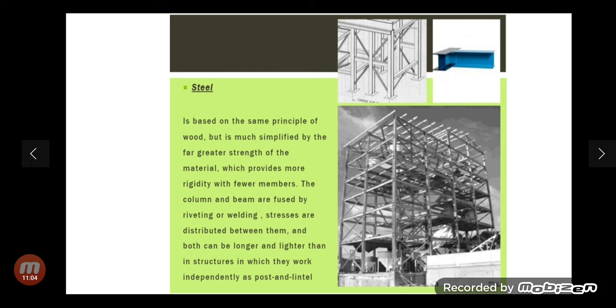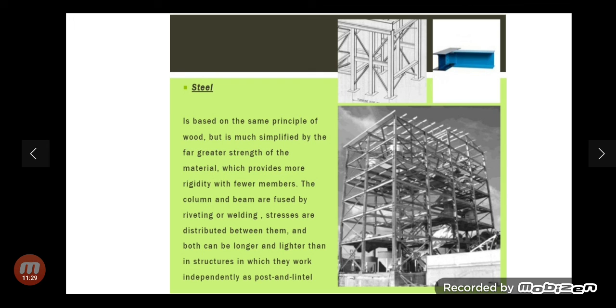The column and beam are fused by riveting or welding. Stresses are distributed between them, and both can be longer and lighter than in structures in which they work independently as post and lintel. So you can see some figures of steel framing structures.